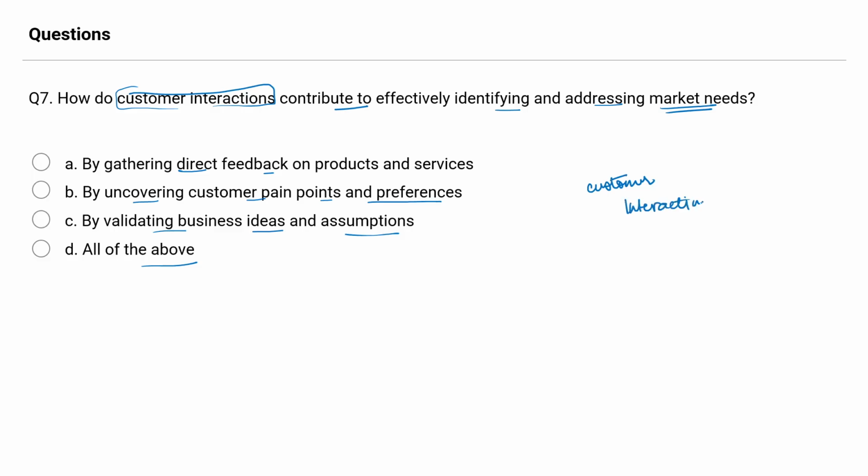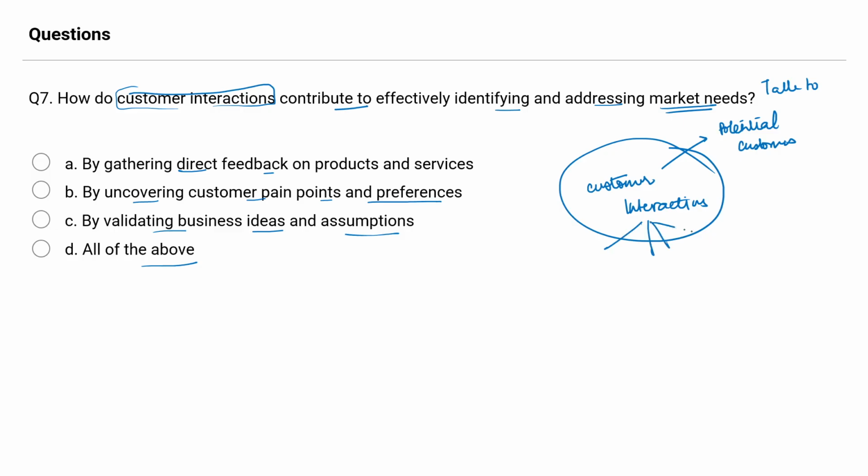So, I hope you recall the term talking to the potential customers. So when you talk to the potential customers, you are basically interacting with them. Okay, it can be verbal call, it can be on phone or through letters, emails. You are trying to interact with the customer. So that interaction channels can be different.